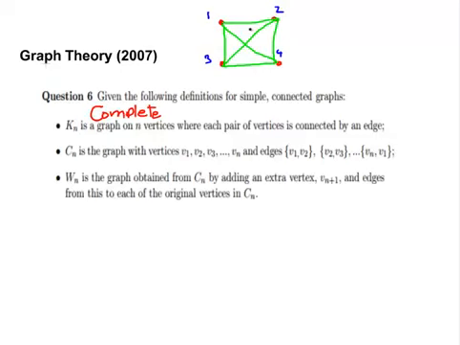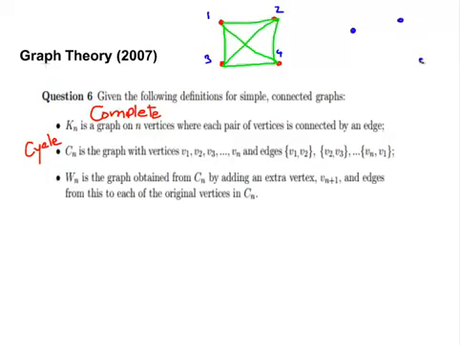Now, Cn is the graph with vertices v1 and so on, where v1 is connected to v2, v2 is connected to v3, v3 is connected to v4, and the last one is connected back to v1. We call this a cycle graph. That would look like this.